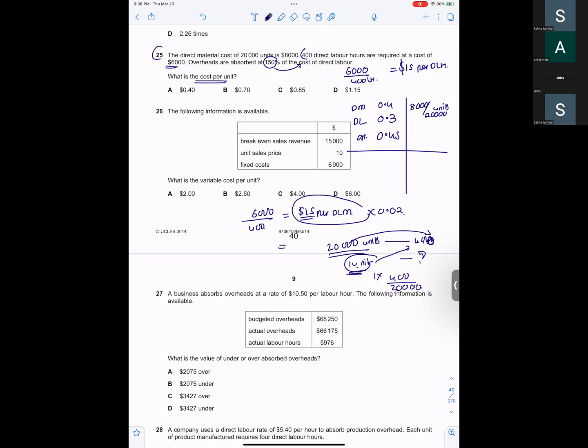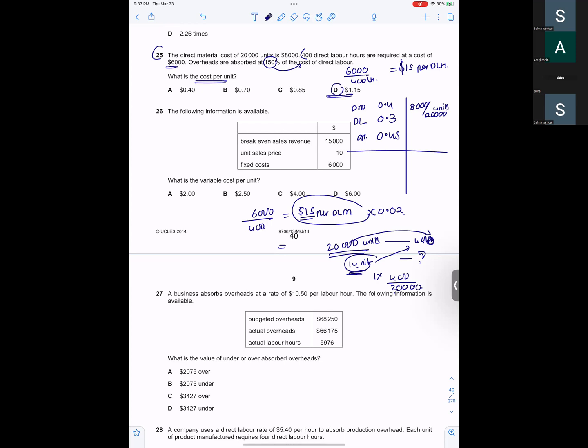So now tell what is the total cost. 0.45 plus 0.7, 1.15. Is it there in the option? Yes, D, 1.15. So option is D.